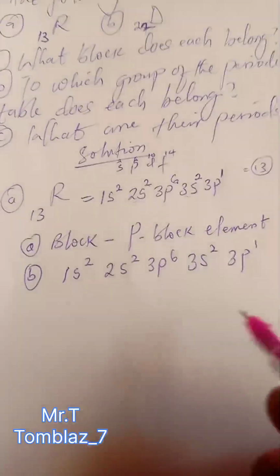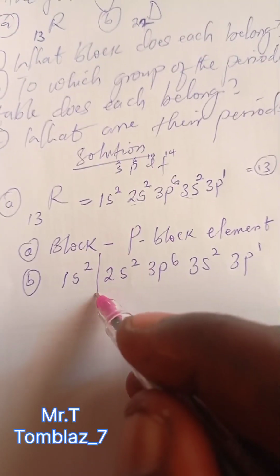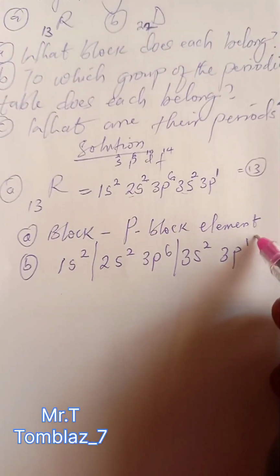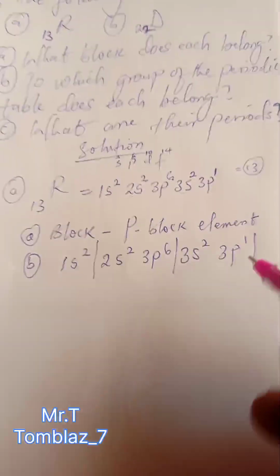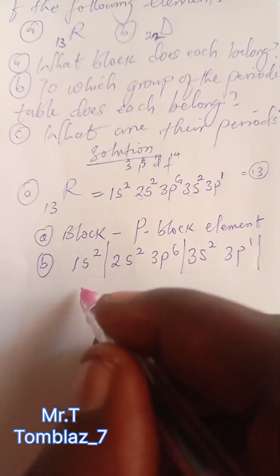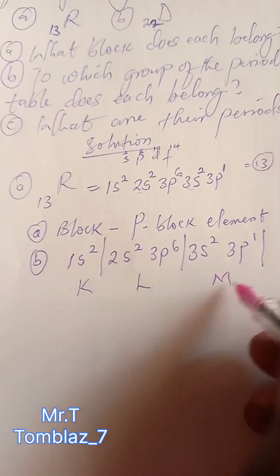Now, if you are drawing electronic configuration, this is the first, this is the second, and this will be the last, based on this atomic number. So if you remember your K, L, M, and N shell, right?